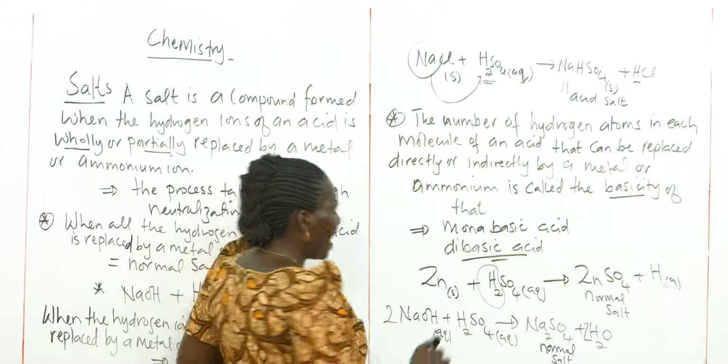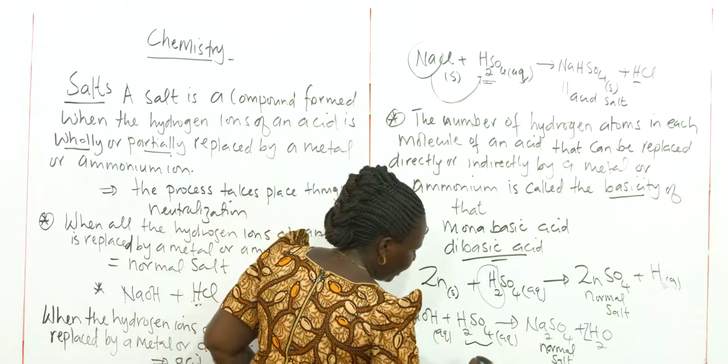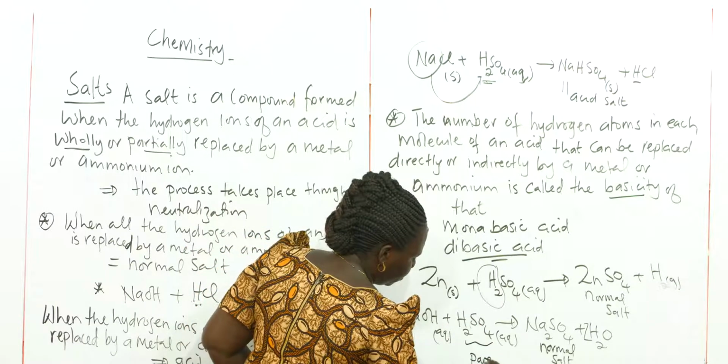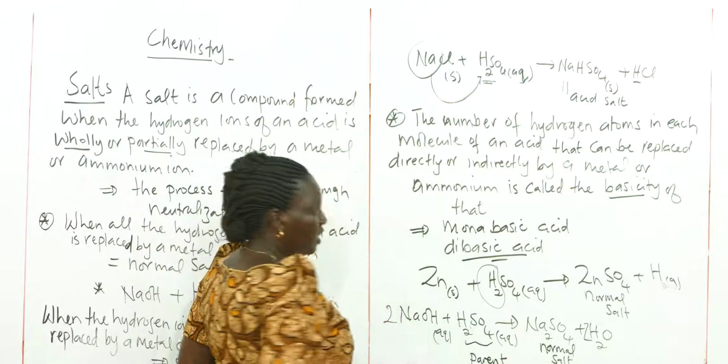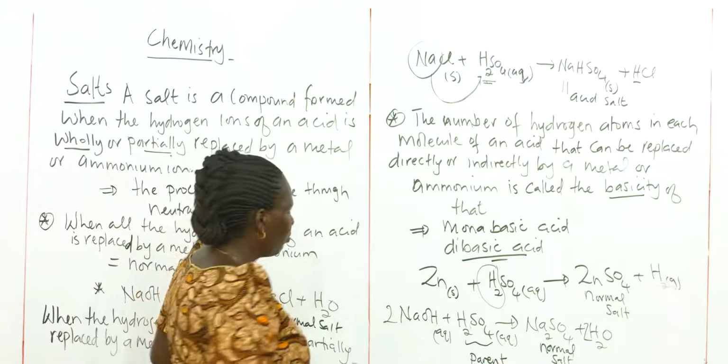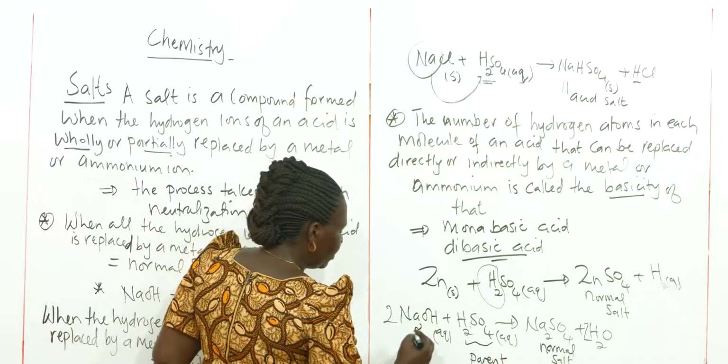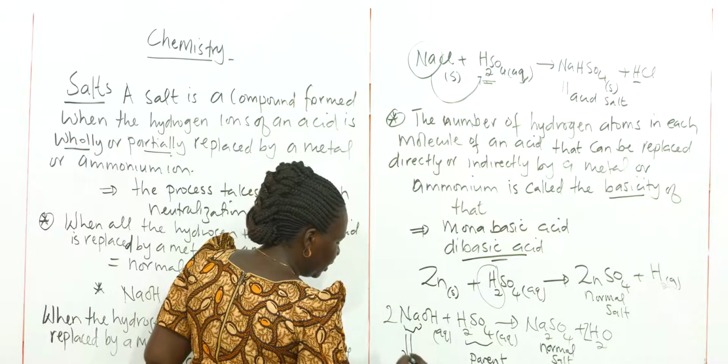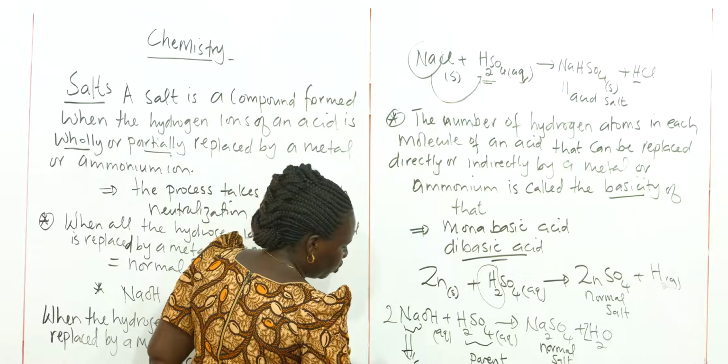So we have the parent acid here, sulfuric acid, and the metal that displaces hydrogen is sodium.